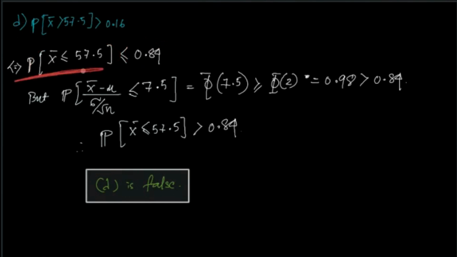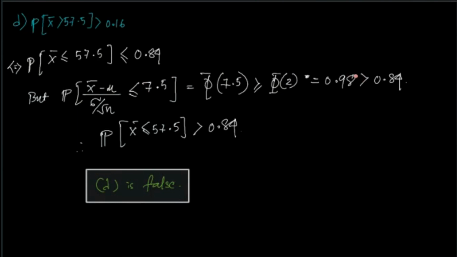Again, let's calculate what this probability is. It is x bar minus mu by sigma by root n, basically we are standardizing it. And this side it comes out to be 7.5. So phi of 7.5 is far greater than phi of 2, because again it is non-decreasing. Phi of 2 is 0.98.